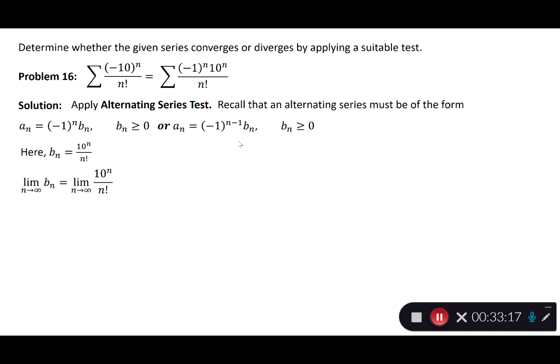What in the world is the limit as n approaches infinity of 10^n over n factorial? Okay, let me put it this way. Would you agree the top goes to infinity as n goes to infinity? Yep. How about the bottom? Will it go to infinity as well? Yep. So the top is going to infinity and the bottom is going to infinity.